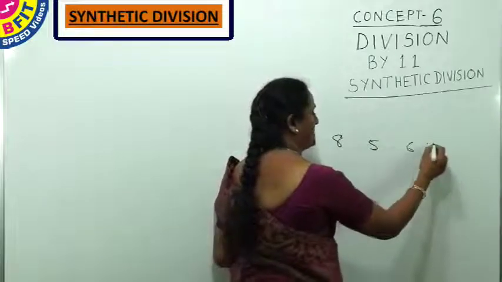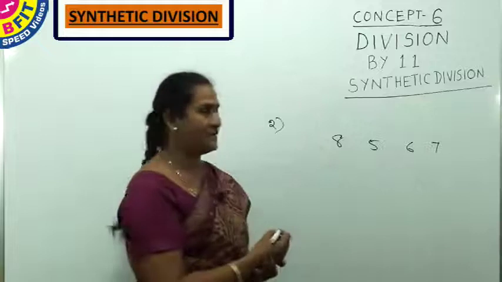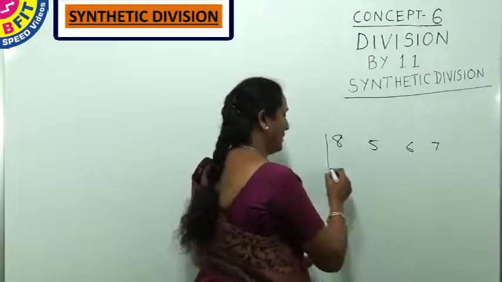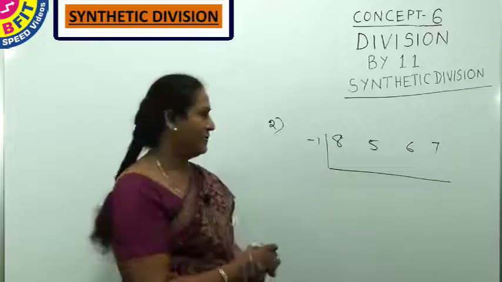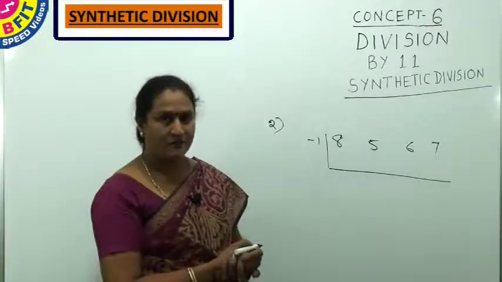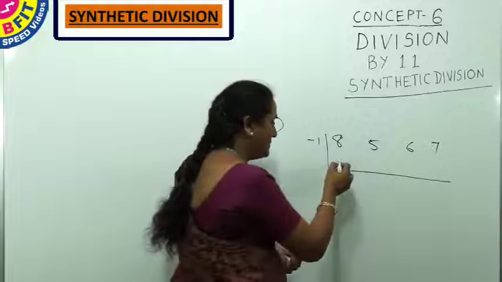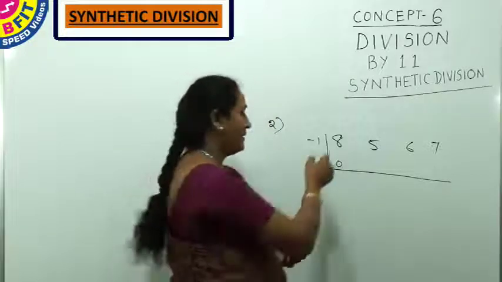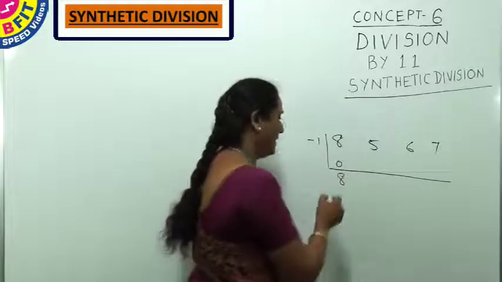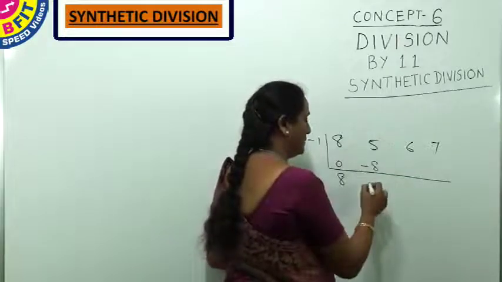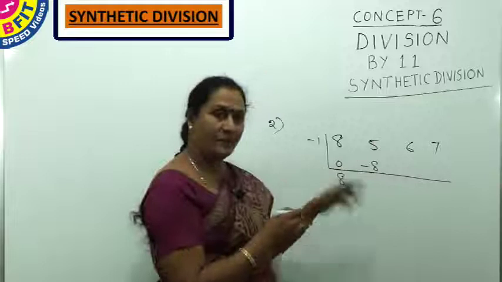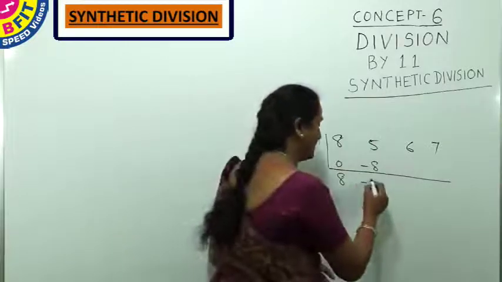Write the numbers apart, 8567, and draw an L and write -1 outside the numbers. And what is the working? How to proceed? Write 0 below this 8. 8 plus 0 is 8.